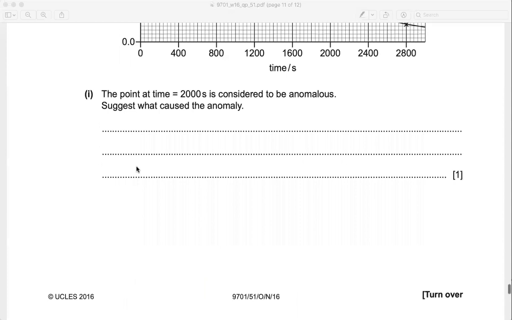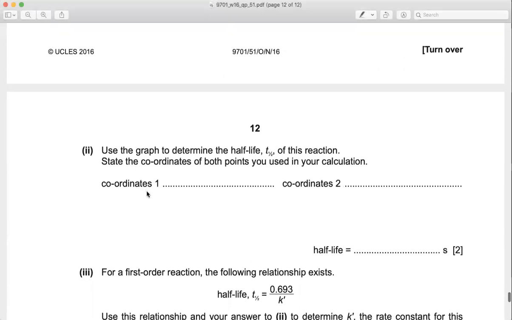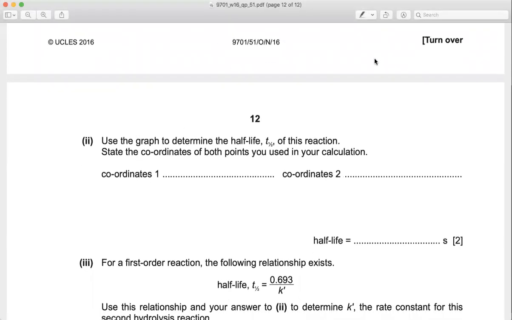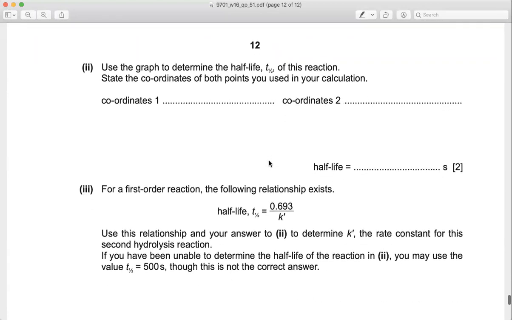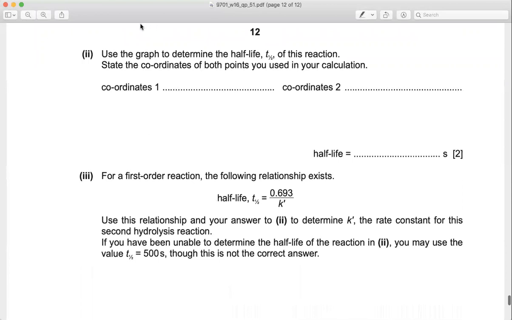right. So now that you know the half-life, you are given an expression again. For a first order reaction, the following relationship exists. So half-life is 660, as you all have calculated. And then you are expected to find K1, okay? I'll call this K1.